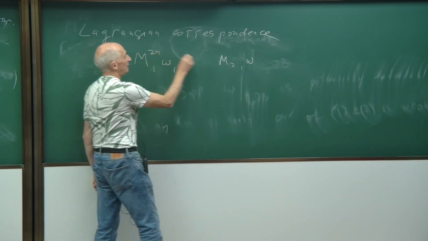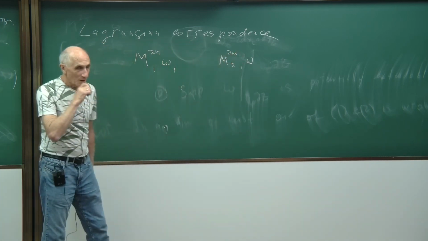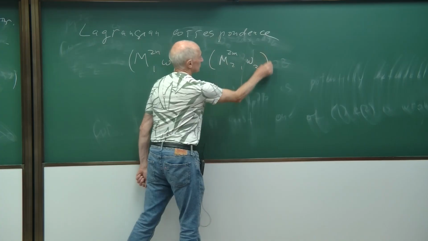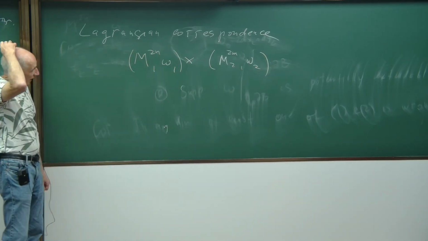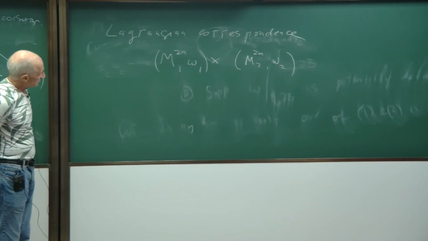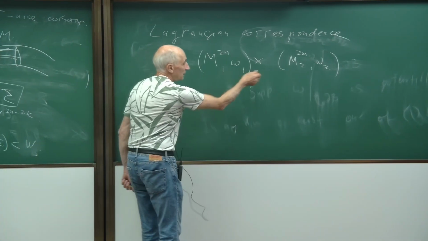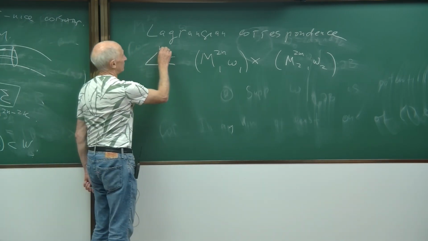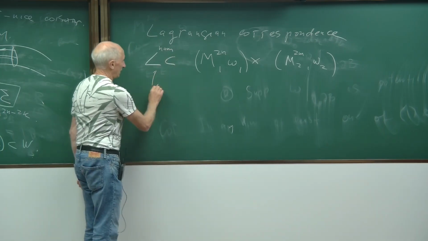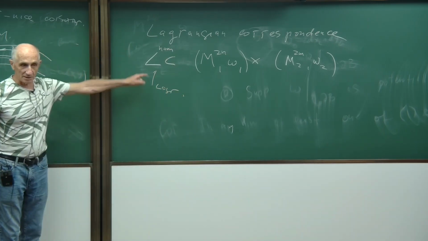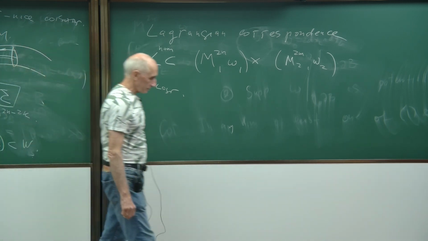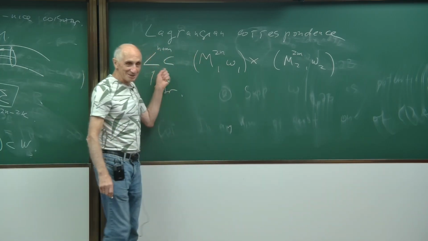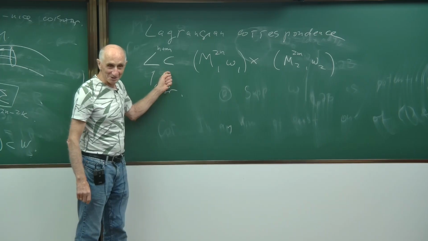So this is 2n and this is 2m. And you take a product of these two symplectic manifolds, and suppose in this product you see a Lagrangian submanifold. So it's an n plus m dimensional manifold, Lagrangian inside this product. Such a Lagrangian is called a Lagrangian correspondence.